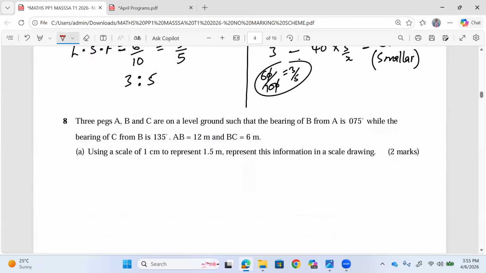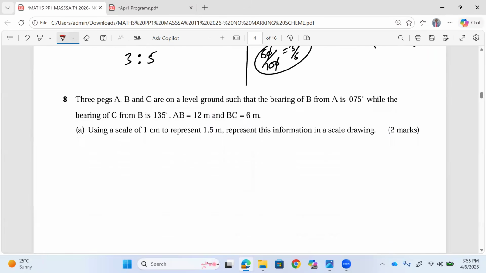We are proceeding to number 8, ladies and gentlemen. A very good question, this is on scaled drawings, specifically bearings. Now 3 pegs, A, B, and C, are on a level ground such that the bearing of B from A is 075 degrees, while the bearing of C from B is 135 degrees.